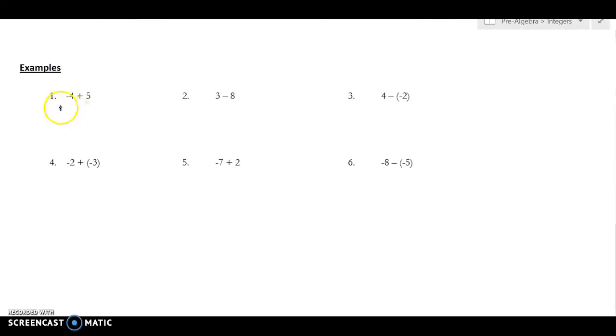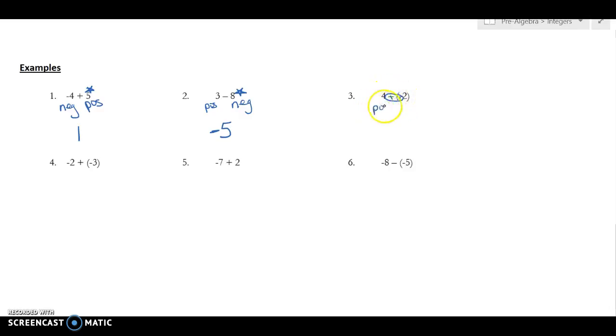Okay, so hopefully you noticed this was a negative. This was a positive. Different signs subtract, so it's 1. And since 5 is bigger, it's positive 1. Number 2, 3 is a positive. 8 is a negative. Different signs subtract, so it's 5. And since 8 is bigger, it's negative 5. For number 3, I have two negatives touching.